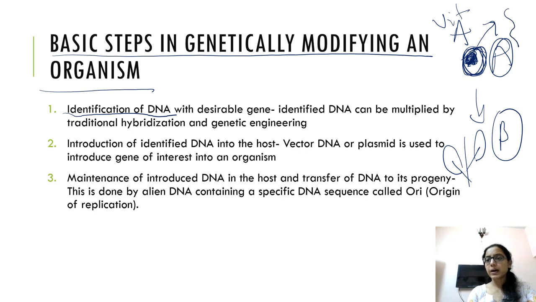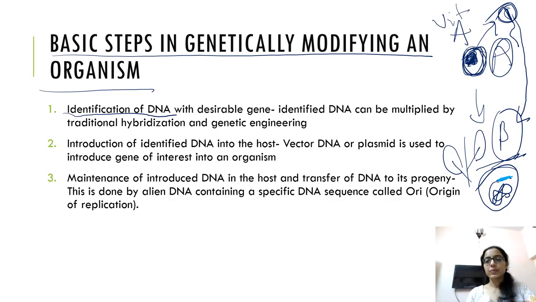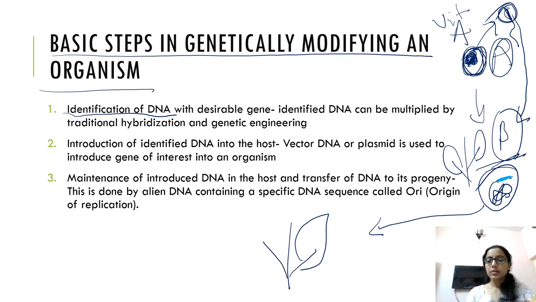There is only some part, suppose this is the gene which is responsible for production of vitamin A. So we need to select this part of gene and insert it into the plant B genome. We need to mix this part. Suppose this is the genome of plant A. It is mixed into plant B genome. Now this resulting plant will have a new production, with high content of vitamin A.